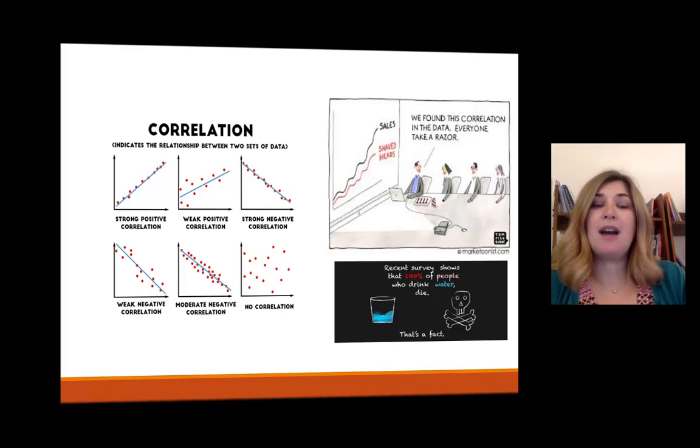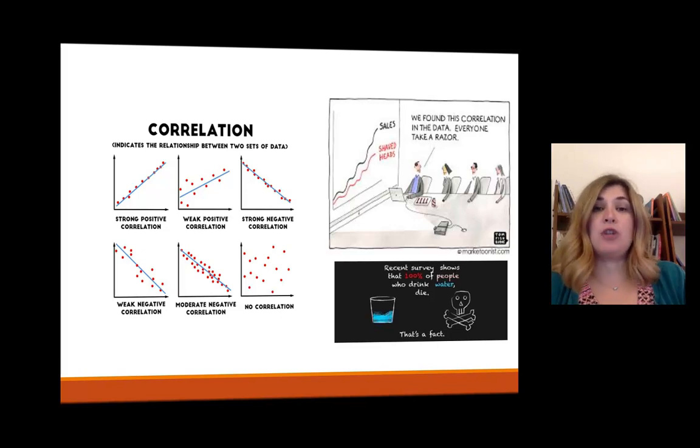A strong positive correlation would mean that when one variable increases, the other increases, and it has a strong strength of that. So almost always the individual with a high test score will also have a high IQ score, right? Whereas a weak positive correlation might be that typically it's going up, but not everybody has that high test score with a high IQ score.